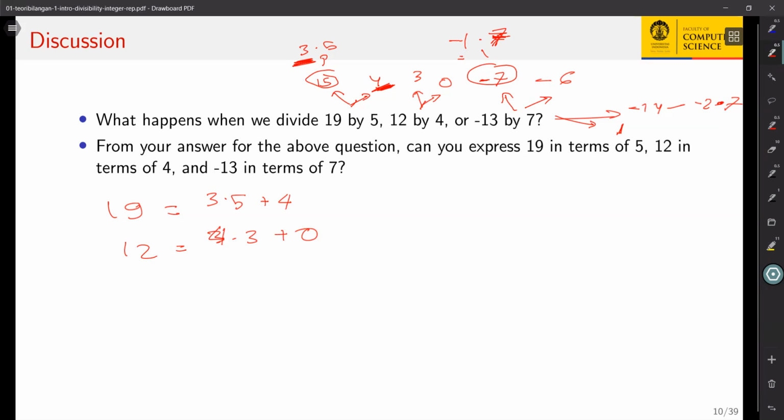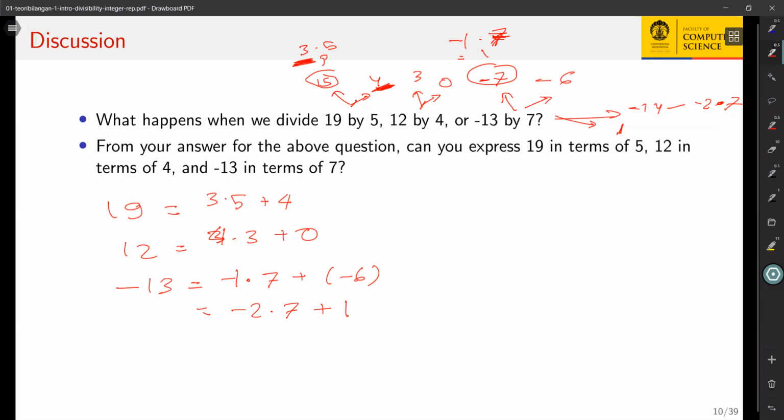And then what about minus 13 with 7? In the first example, you have minus 1 times 7 plus minus 6, or better, if you restrict the remainder to non-negative, then you get minus 2 times 7 plus 1.